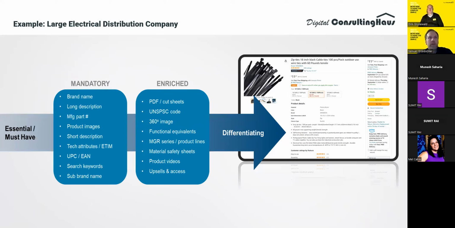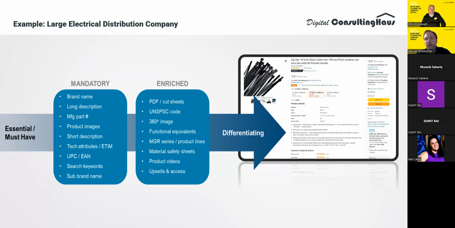We have an example of an electrical distribution company here. And we're talking about two big sets of data, the mandatory and the enriched portion. The mandatory data is what you must have when you want to sell a product or a service, like the brand name, the description, maybe a manufacturing part number, and some product images. There's other data that is not mandatory, but it does help increase the conversion rate and the sales a lot.